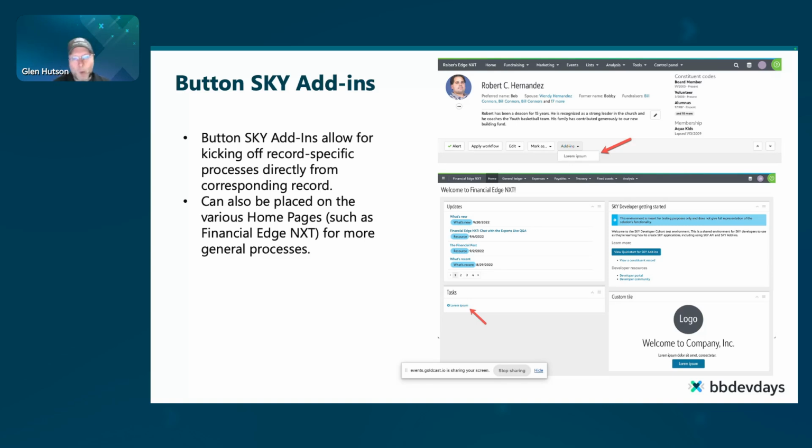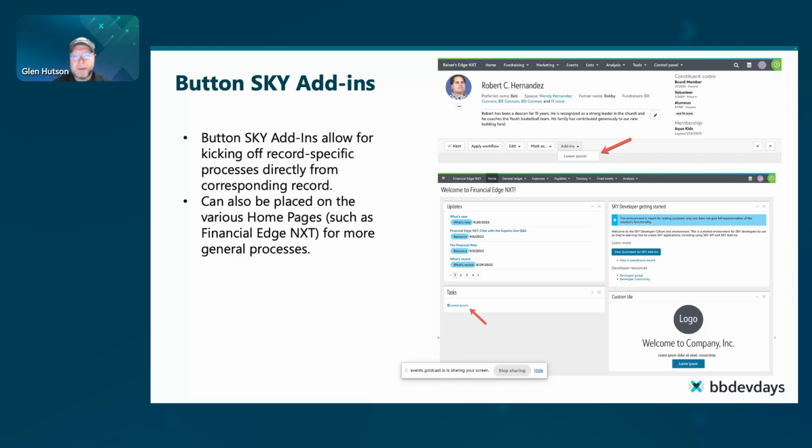Those are really more if you're just trying to kick off a process that may not necessarily be relevant to an individual constituent. Some examples, you might be seeing some examples out there already for kicking off the record report as far as the code tables and what have you. Again, those items that you may just want to kick off on demand that don't necessarily apply to a single constituent. So we've got those buttons on those Sky add-ins.